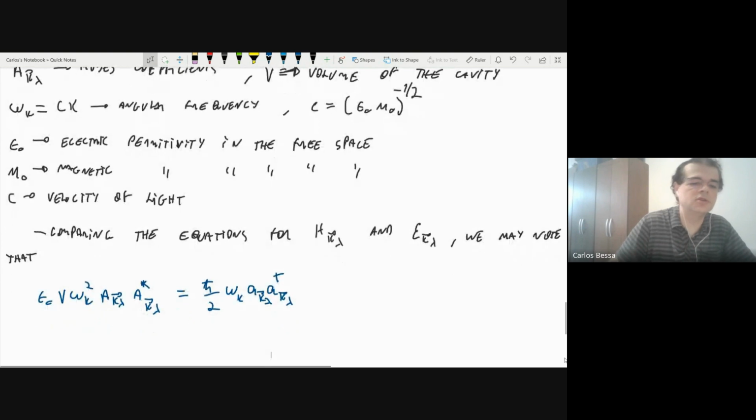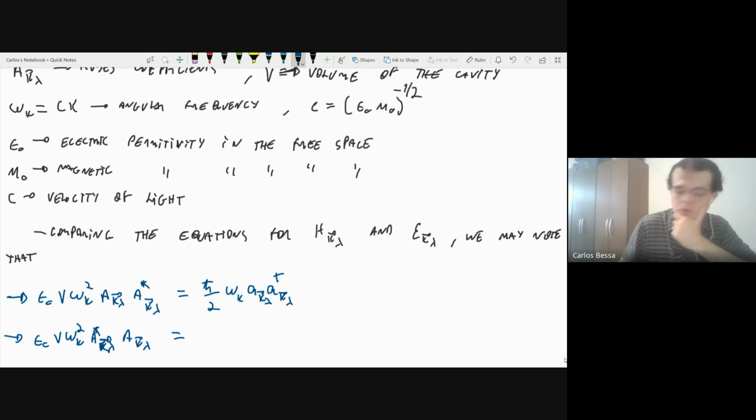So we'll have this relation and that relation. So epsilon 0 V omega k squared, conjugate lambda A k lambda with h bar omega k a k lambda.